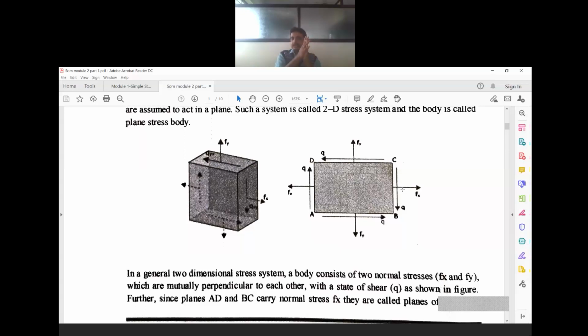That you should understand. Next, we have Fy, the forces acting in the y direction. So we have a plane in the horizontal direction, and perpendicular to that Fy is acting. That is why Fx and Fy are the normal stresses acting on the body, and both are mutually perpendicular to each other.